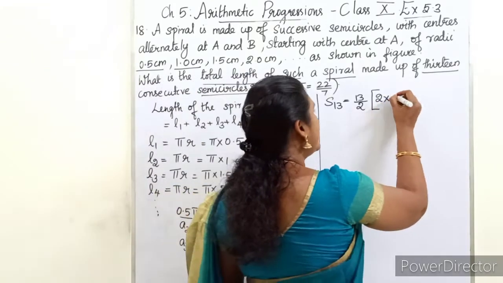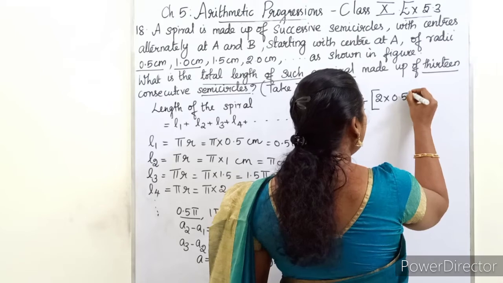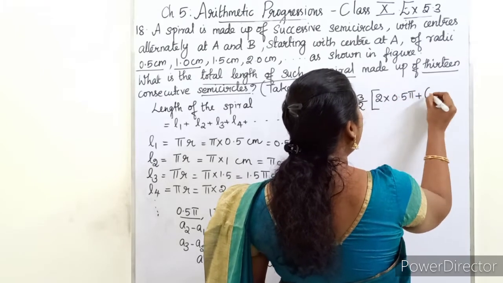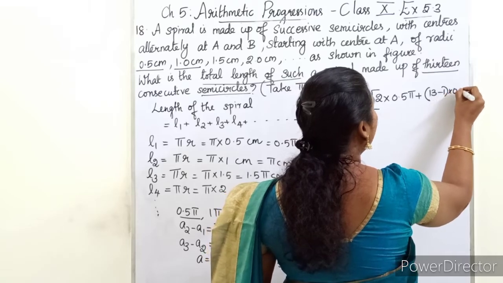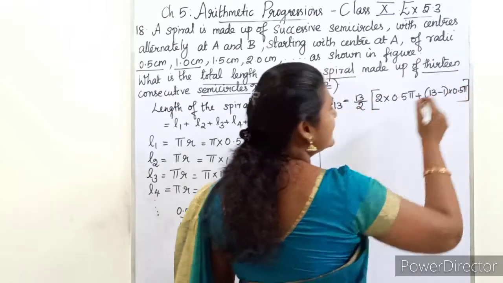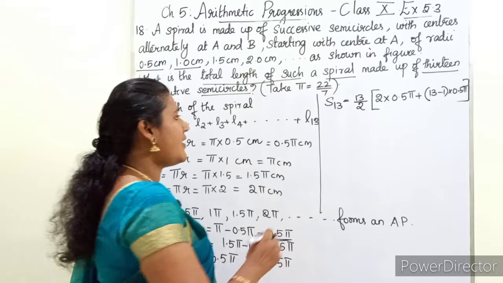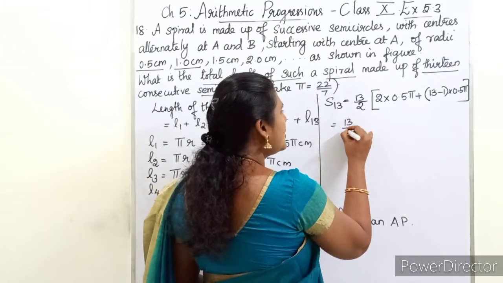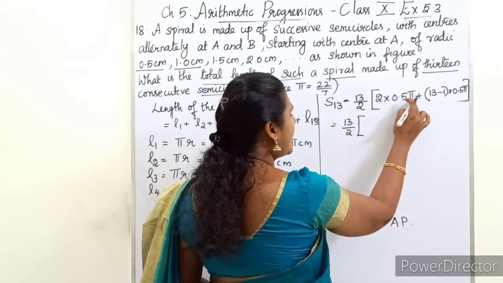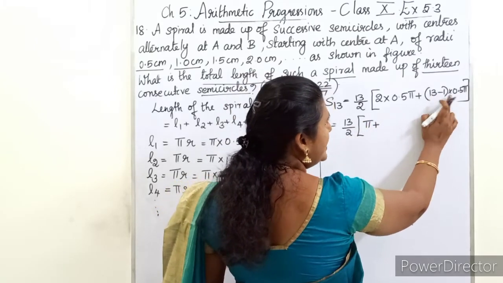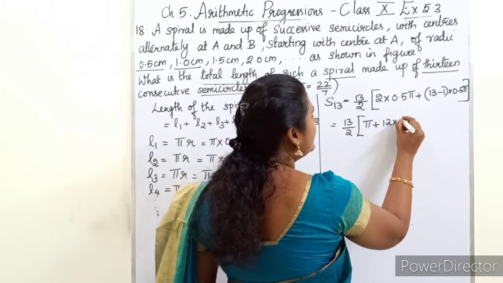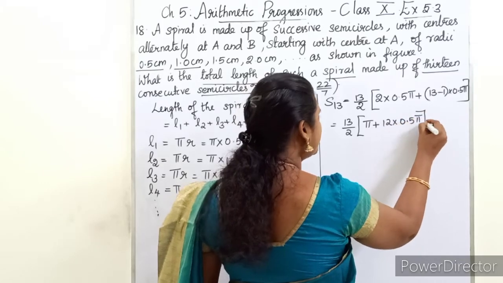So 2 into a, that is 0.5 pi, plus 13 minus 1 into 0.5 pi. Now we will simplify this. So 13 by 2 into 0.5 pi is pi, plus here 12 into 0.5 pi.